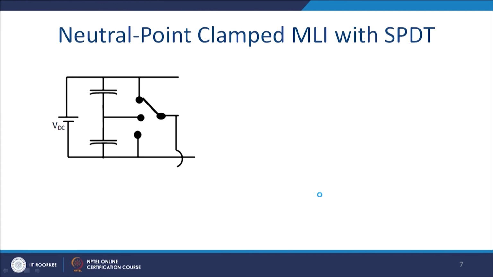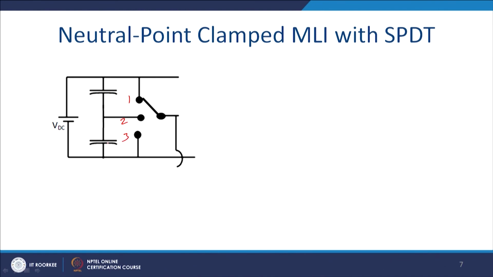Now, let us understand the application of the simple neutral clamp, or the diode clamp inverter. 1, 2 and 3 are the points. When pole A is connected to point 1, current can be bidirectional. Let us see what kind of switch is required here.